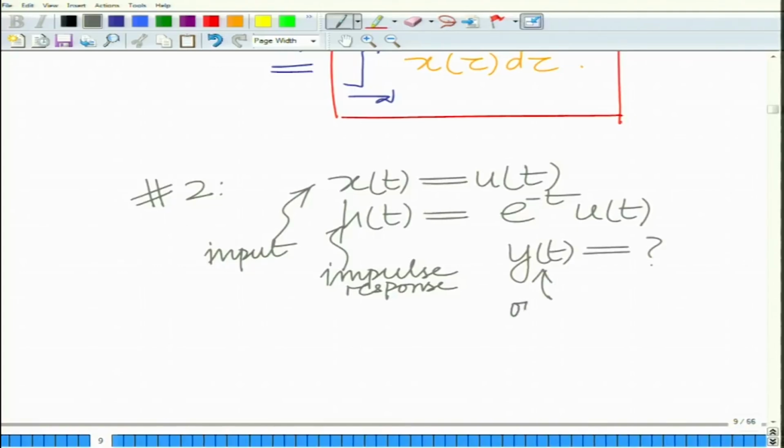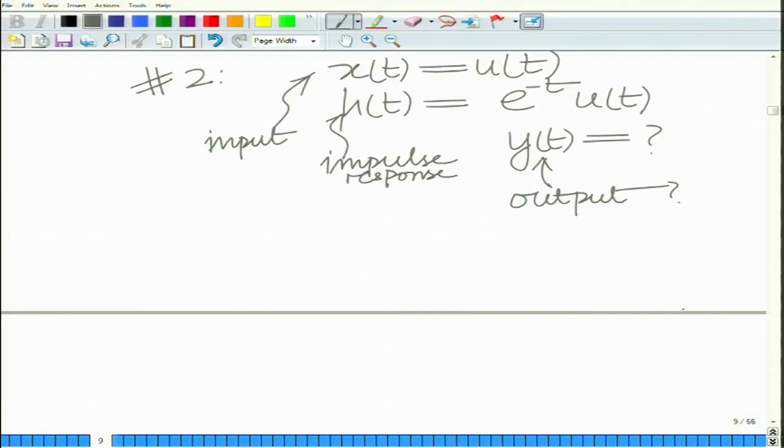The question is, what is the corresponding output signal y(t)? So this is the input to the system, and this is your impulse response.